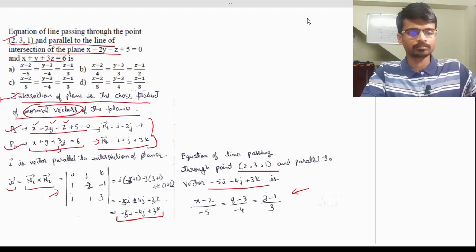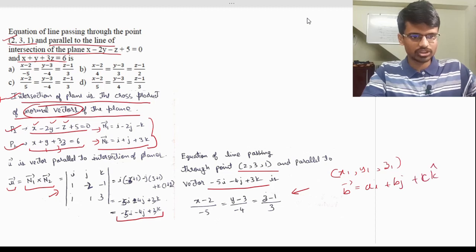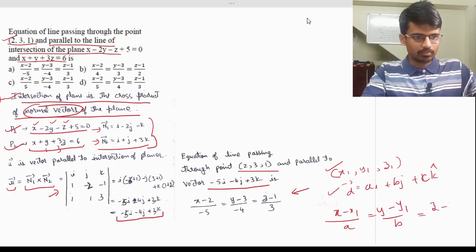We know that if a line is passing through x1, y1, z1 and is parallel to the vector a i cap plus b j cap plus c k cap, let me call this vector d, then the equation of the line is (x minus x1) by a, (y minus y1) by b, and (z minus z1) by c.